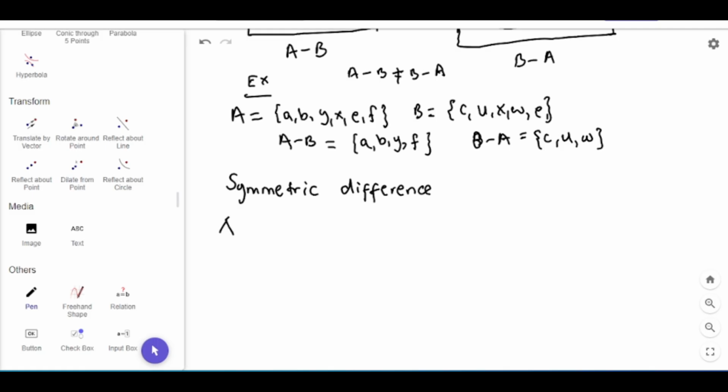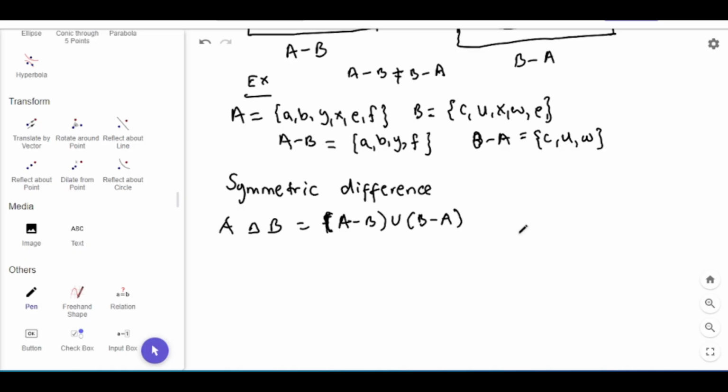The symmetric difference of A and B, usually written with this square symbol, is A minus B union B minus A. That gives us the symmetric difference, meaning this consists of elements that are in A but not in B, or elements that are in B but not in A.